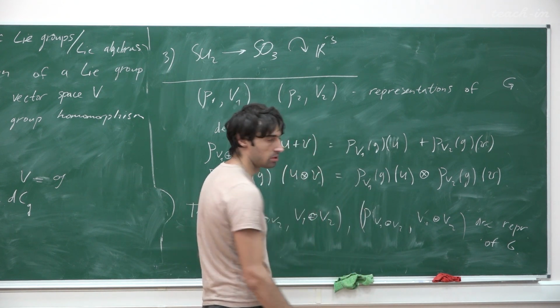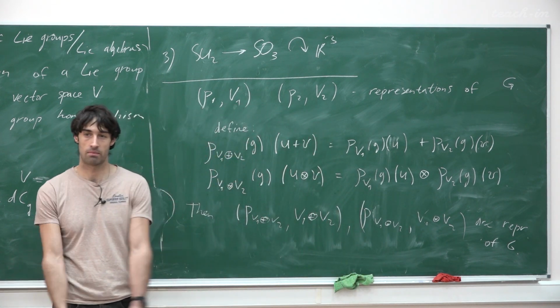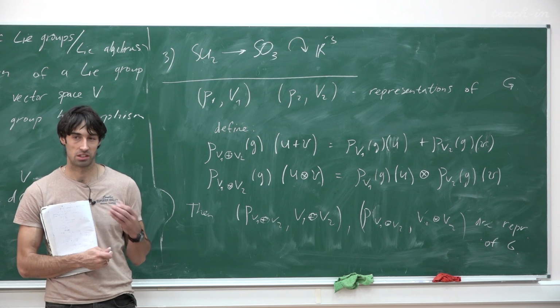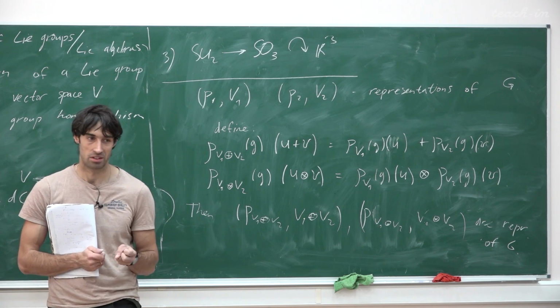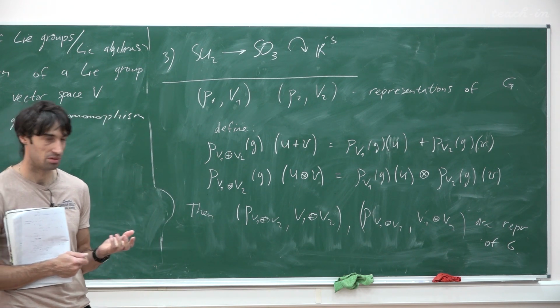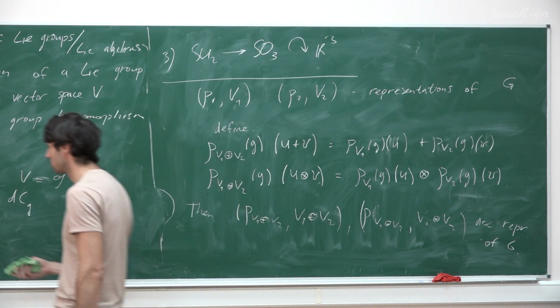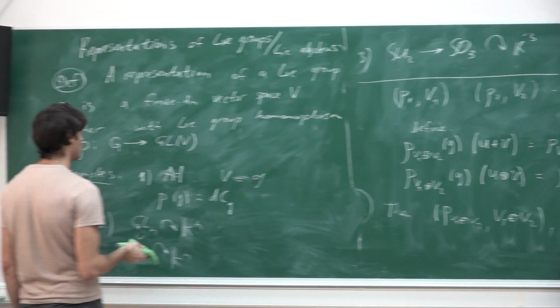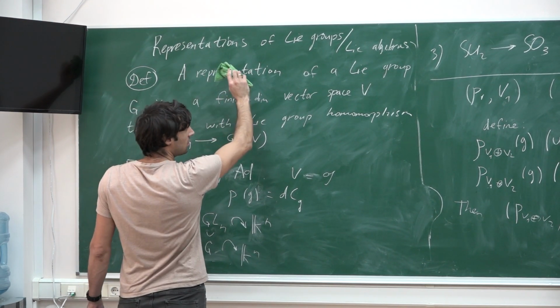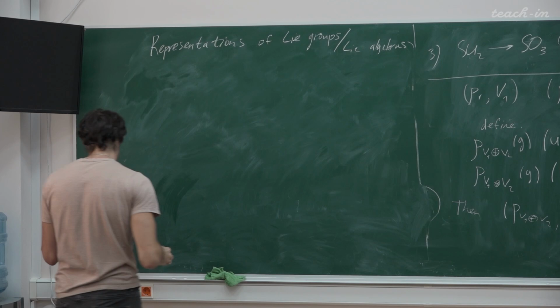What else can you do with the representation? You can sum, you can tensor. What else? Take the dual. Yes, take the dual. It's the next most natural thing. And we do have this. So let's write down explicitly what we do. Very well.